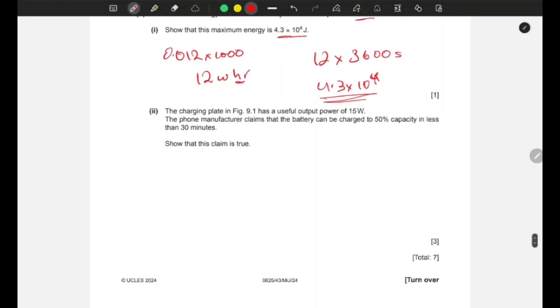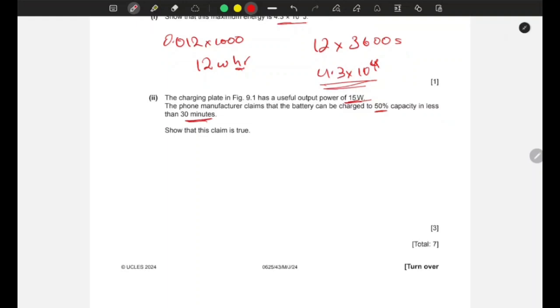Part 2. The charging plate in Fig 9.1 has a useful output of 15 watts. The phone manufacturer claims that the battery can be charged to 50% capacity in less than 30 minutes. Show that this claim is true. To calculate power, it's energy over time, because it's the energy transferred per unit time.